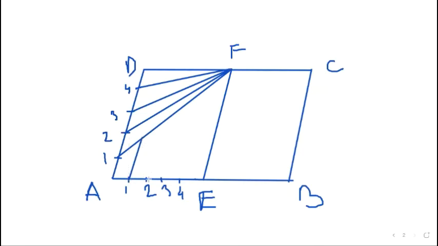Similarly, from the 2, draw a line parallel to the AD up to the F2 line. Next, from the 3 draw a line up to the F3 line, parallel to the AD. And from 4 also draw a line parallel to AD up to the F4 line.